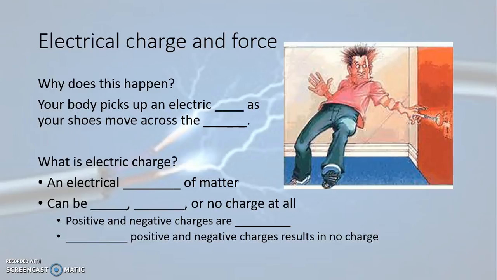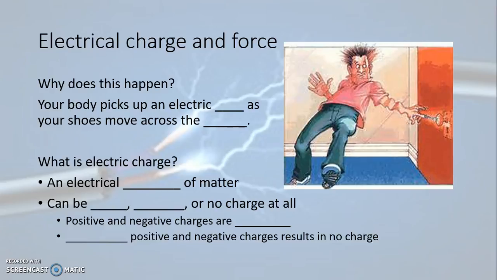When you're walking, you don't feel it because it's spread across your entire body. But once you go to touch something else that is a conductor, such as a metal doorknob or another person, it all gets concentrated and sent through your finger. And there you'll feel it because it's all in one spot instead of being distributed across your body.